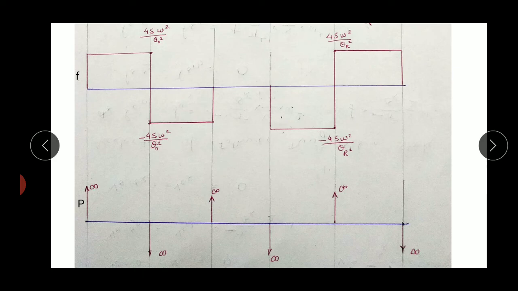Similarly, the slope of the acceleration graph is jerk. That's why, as we are getting an infinite slope over here, at the end of the outstroke we require an infinite amount of jerk to achieve zero acceleration from a negative acceleration or retardation.